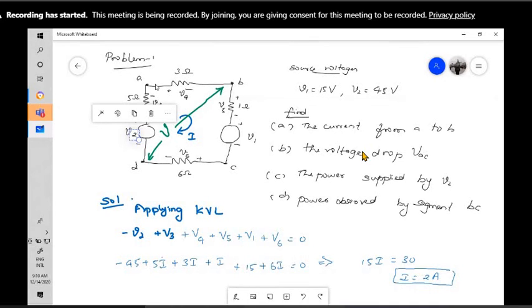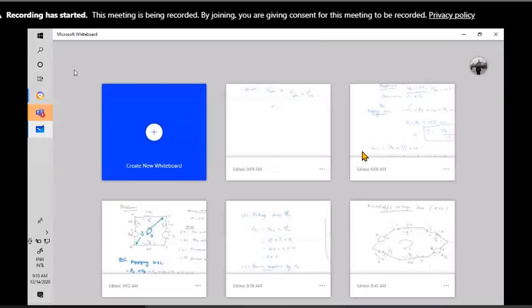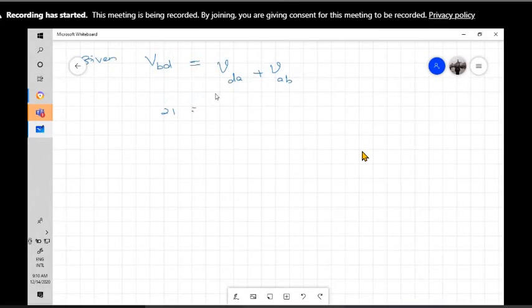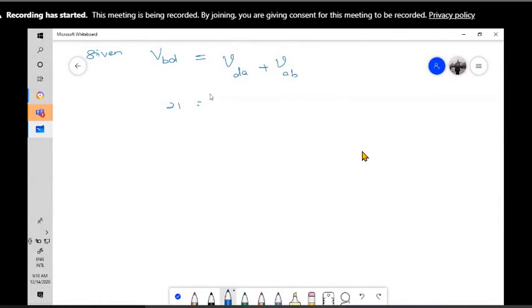And similarly, if you want to find VAB, this will be nothing but the voltage drop V4, that will be minus 3 into I. So this will be V2 minus 5 into I minus 3 into I.